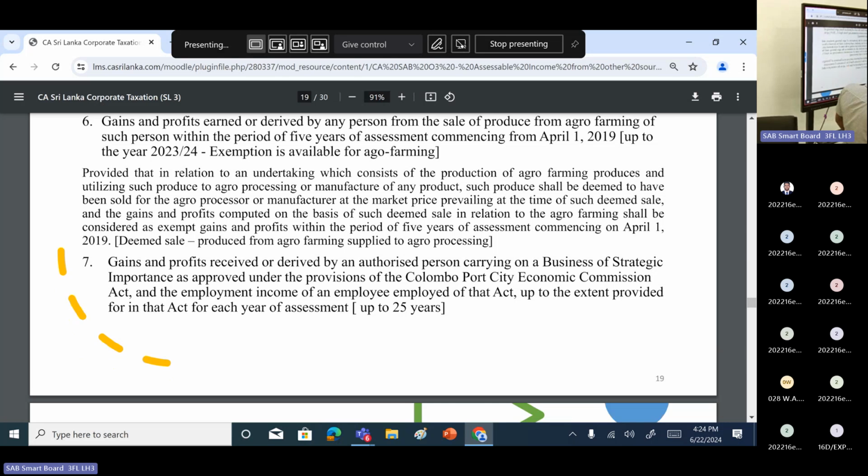Gains and profit received or derived by an authorized person carrying on a business of strategic importance as approved under the provisions of the Colombo Port City Economic Commission Act, and the employment income of any employee under that act, up to the extent provided for in that act for each year up to 25 January 2025, that is under the Port City Act.